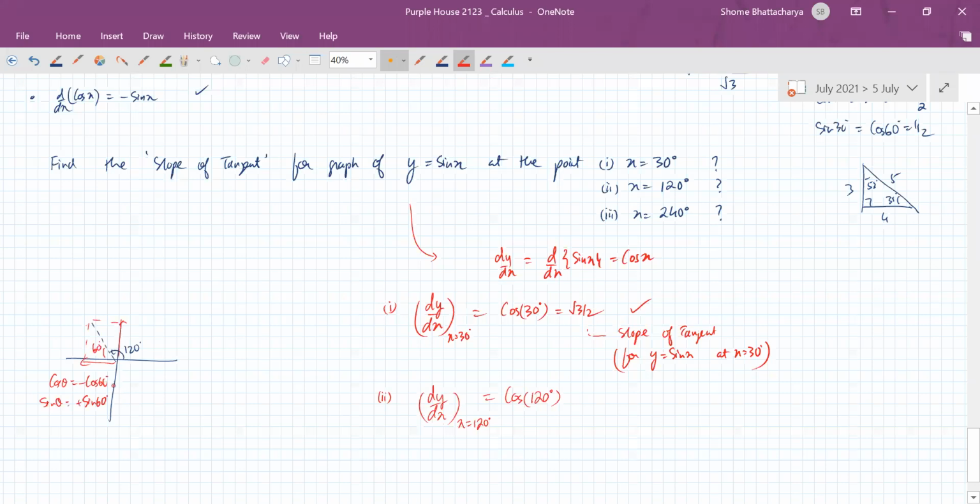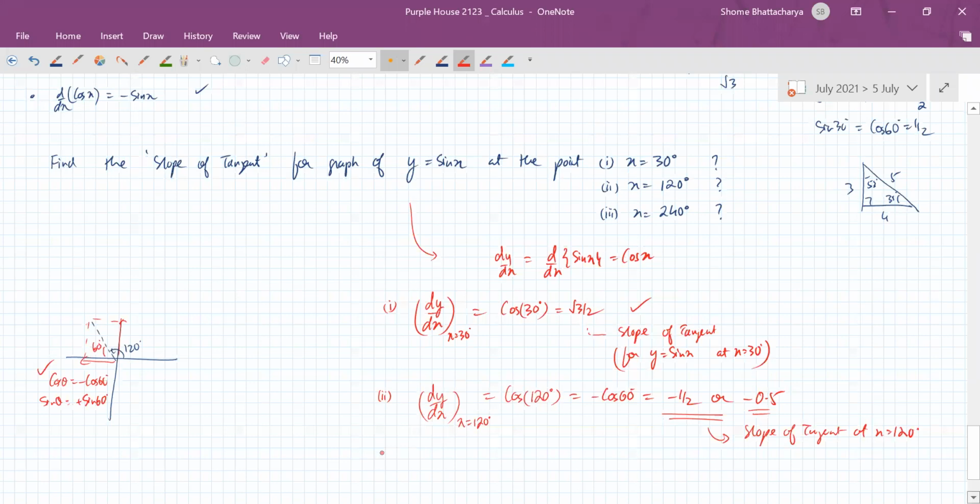But we don't really need this, we just need the cos one. So cos 120 is minus cos 60. So that's minus half, or you can write it as minus 0.5. So that's your slope of tangent at the point x equal to 120 degrees.